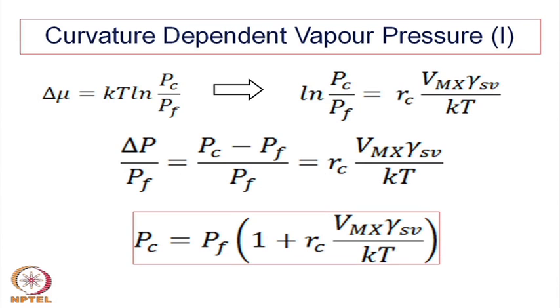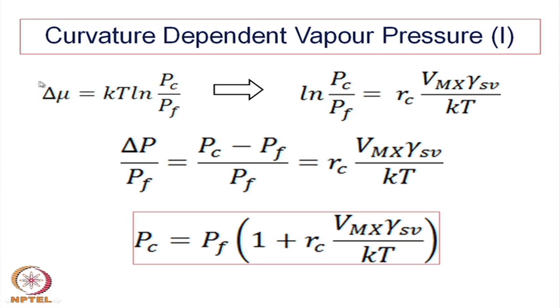Now, we can do some calculations. Of course, these are not very detailed calculations, we are not able to present them here, they are not completely empirical, they have some mathematical basis, but we will see only the final results in most of the cases. So, the curvature dependent vapor pressure: we have seen that there is a pressure difference, but how much is the difference and what are its consequences.